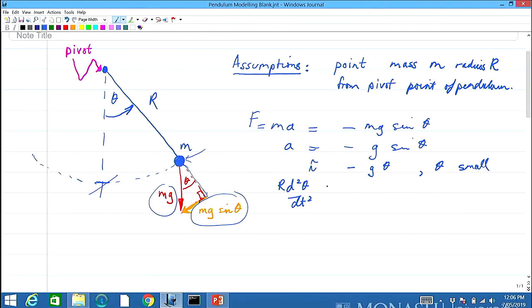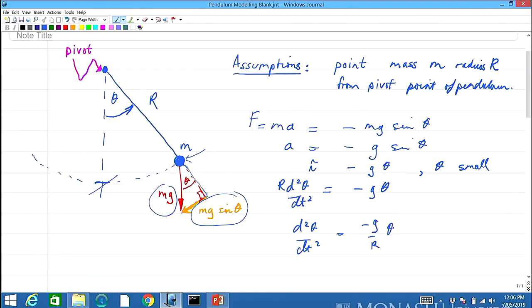So you can then work that out as minus g theta. Sorry, the r is already included in the position, so that is correct. So we end up with a second order differential equation on theta, which is minus g on r theta.